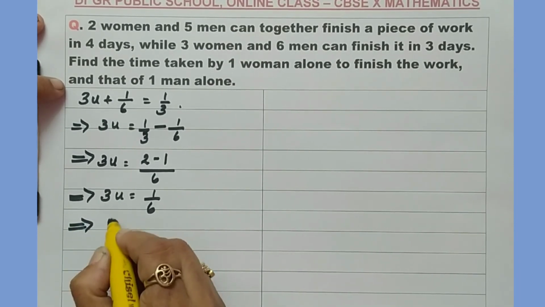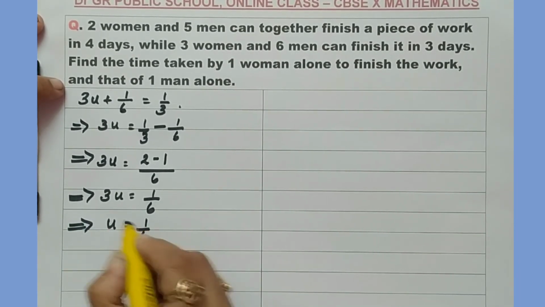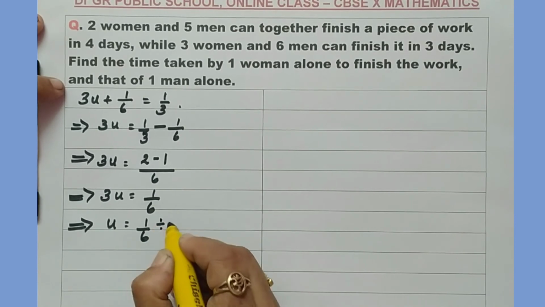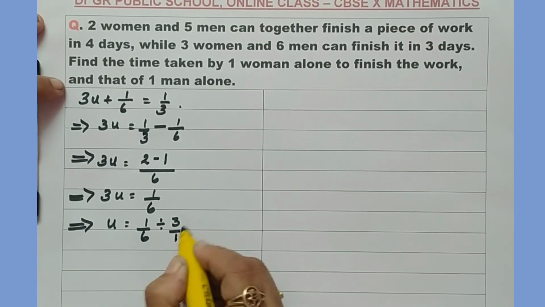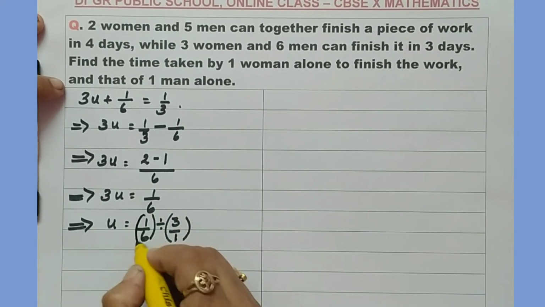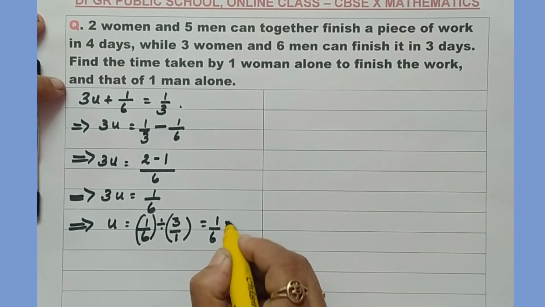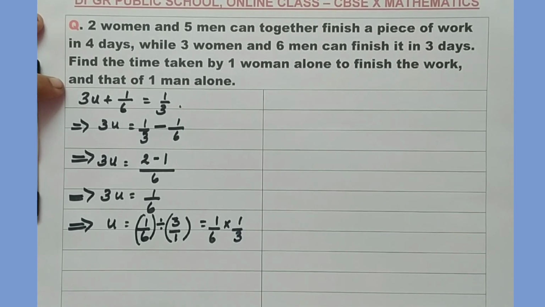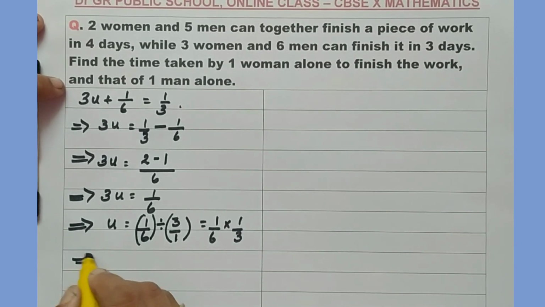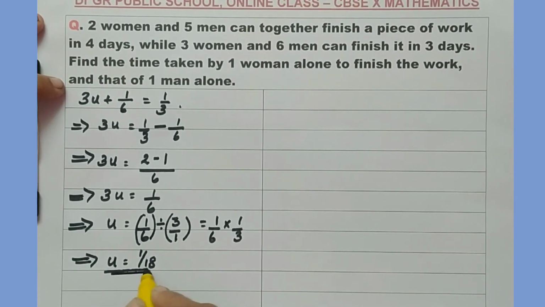Implies u equals 1 by 6 on the right side. Multiplication with 3 goes to the right side and becomes division by 3, which can be written as 3 by 1. 1 by 6 divided by 3 by 1 equals 1 by 6 into 1 by 3. Take the reciprocal of the second and multiply, which implies u equals 1 by 18.